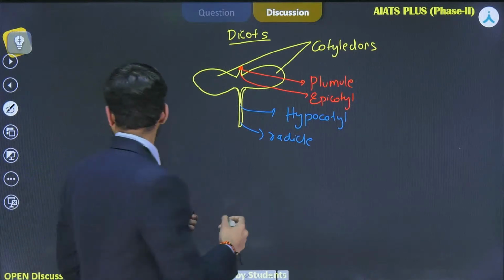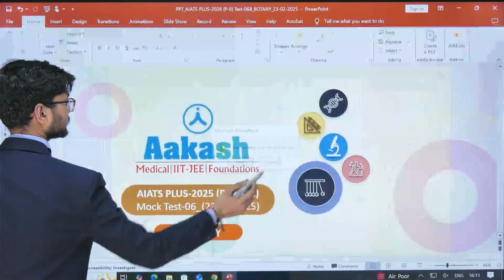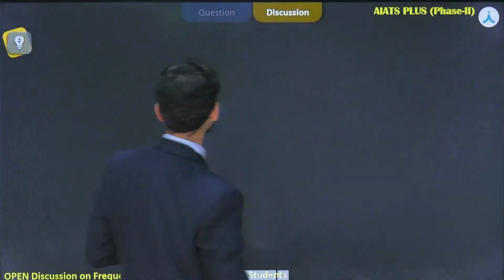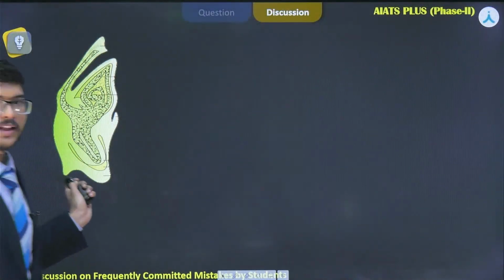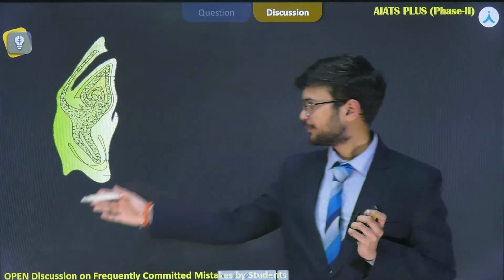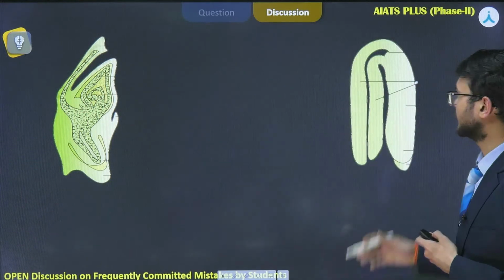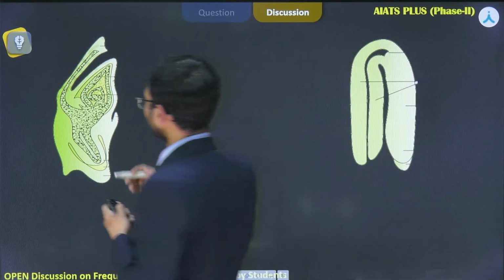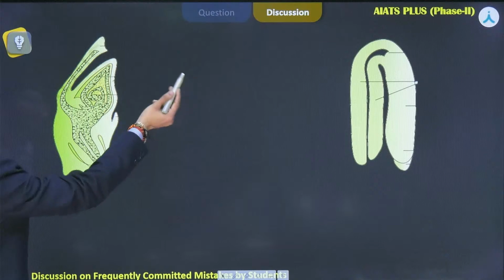On the left hand side you are seeing a monocot embryo, while on the right hand side you are seeing a dicot embryo. Okay, now let's try to identify each structure one by one.